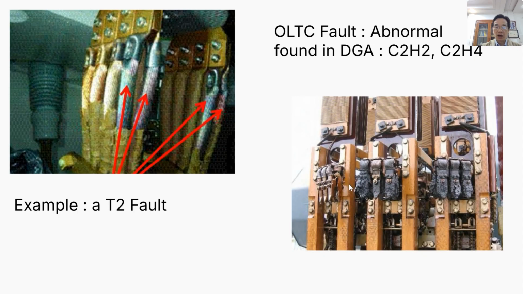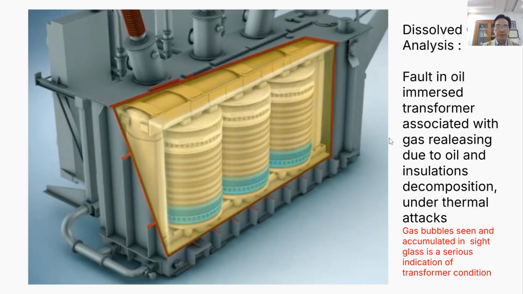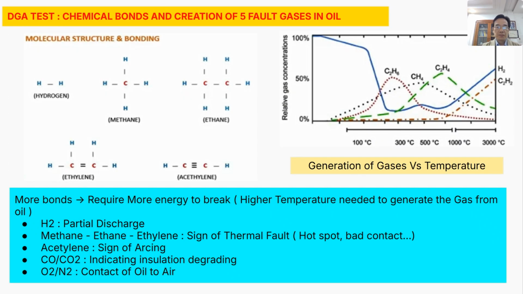Another case is an OLTC problem, where we find acetylene increase, then ethylene increase. Acetylene has a triple bond between two carbon atoms and a single bond connecting each to a hydrogen atom in the molecule.